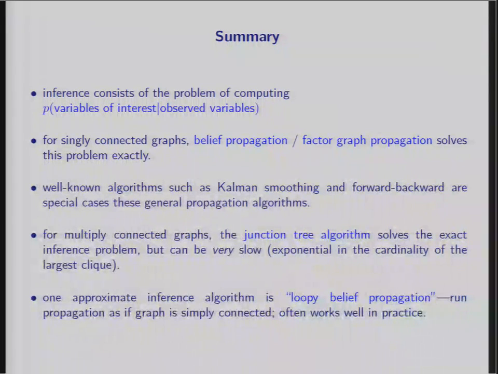Basically, you can think of this as converting your multiply connected graph into a singly connected graph, but over supernodes that correspond to combinations of sets of variables. You do that conversion, and then you run factor graph propagation on that converted graph. That's intuitively what it corresponds to. That conversion is not trivial. There might be many ways of converting it, but that's the basic idea.